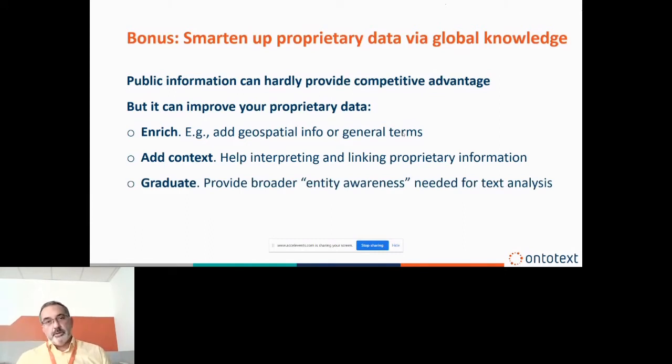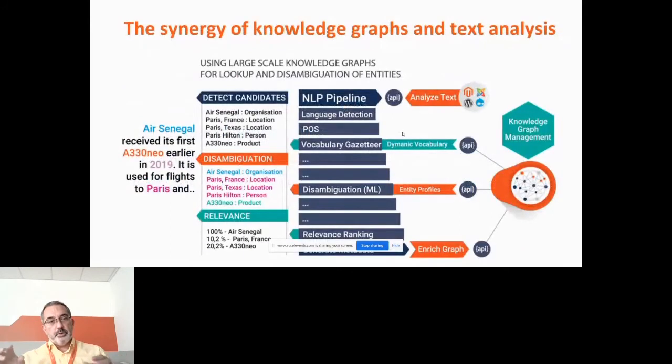And finally, you can use external data to gather broad awareness of different terms and concepts in a specific field. And that's useful for many purposes, but one of them is text analysis. So you can't do good text analysis unless you have a good oversight of a specific domain and a general understanding of, well, what Paris is about, and how the 3 or 4 or 5 different candidates that can match Paris in the text differ from one another, and how we can choose the right one based on the context of the document.